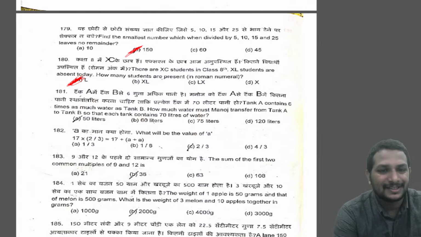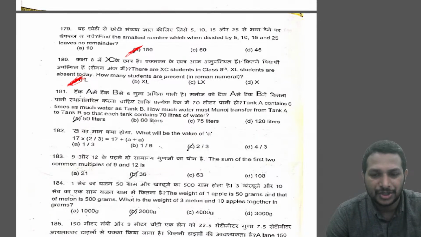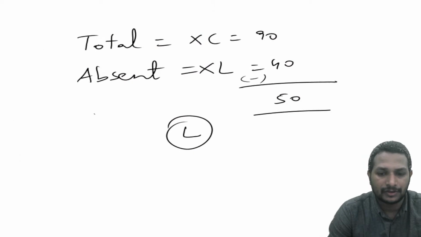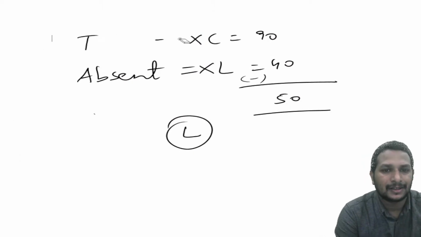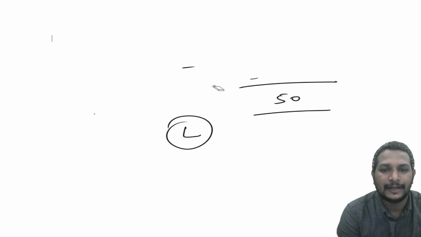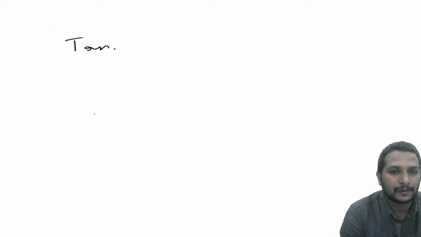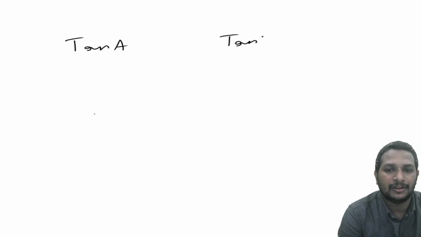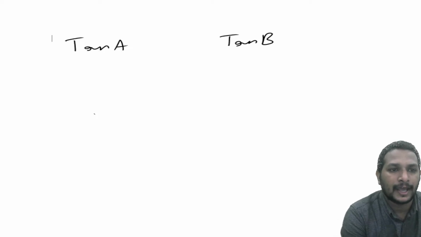We can see this tank A, tank B. Here, tank A and tank B, they gave the relation also. First thing you need to do is the comparison of both the tanks. Tank A is containing 6 times that of tank B, right? Tank A contains 6 times that of tank B.